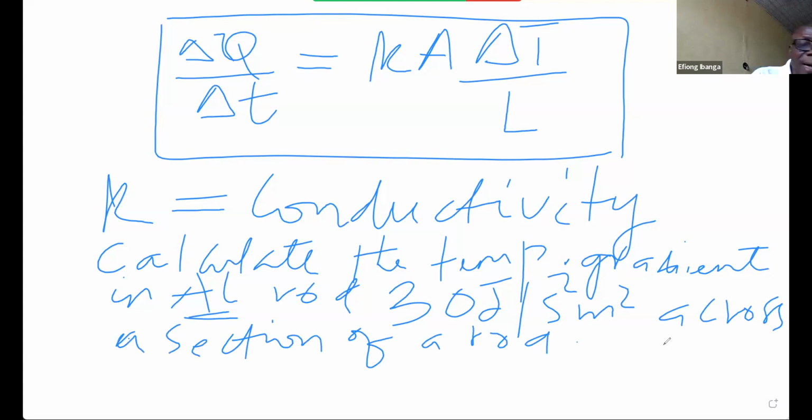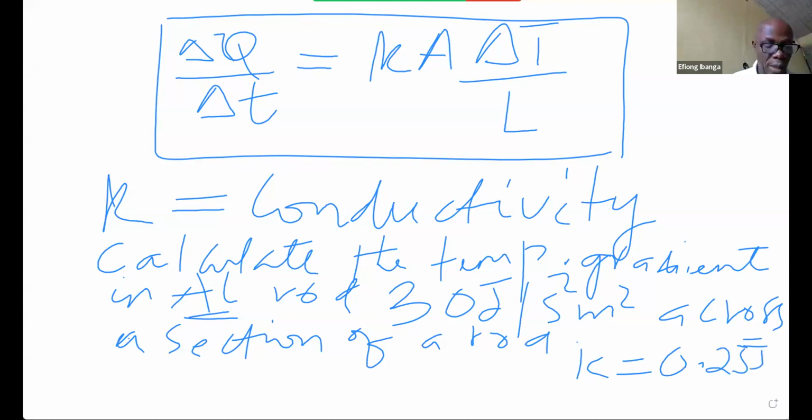You can take for K, the conductivity, a suggested value in the neighborhood of 2.25 times 0.25 joule.